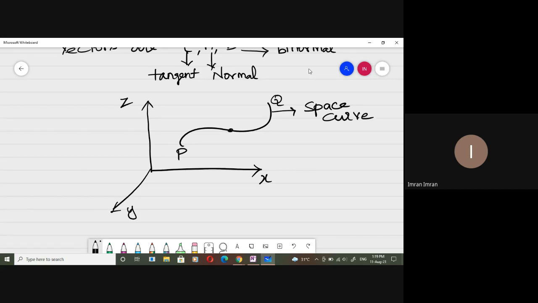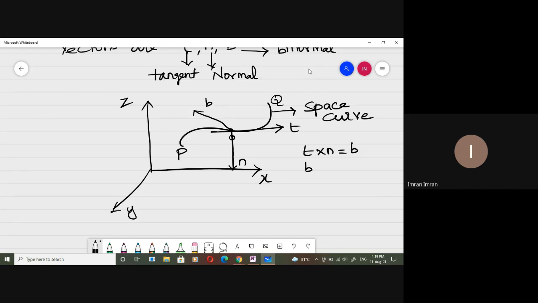Now take a point O and draw a tangent at the point O. This is T. Now draw a normal at O. This is N. Now draw a binormal at O. This is B. The cross product of T cross N gives B.